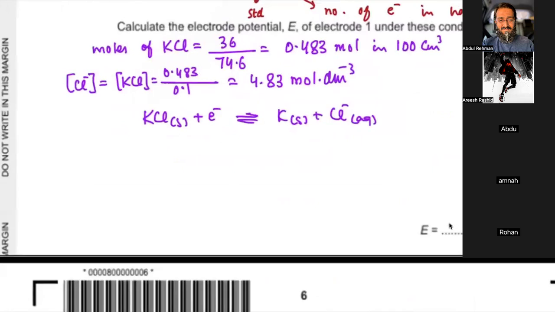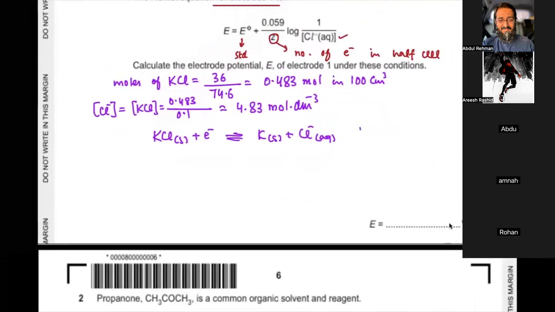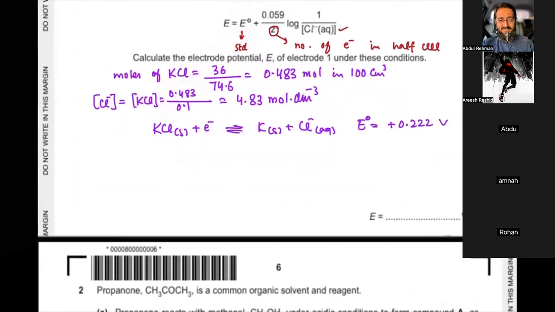So if instead of silver ion, we have any other metal, but we are only getting a chloride ion, so E naught value is going to be the same, positive 0.222 volt. Is this understandable to all of you? So see, if this is the case, then value of Z is equal to 1 as well.